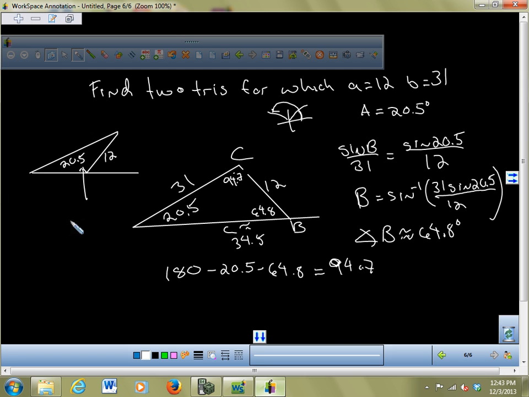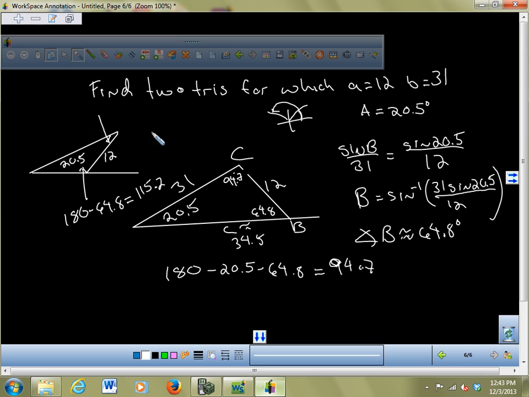So what I do is I subtract from 180 the angle that I got over here, 64.8, and that gives me my other possibility for that angle, which is 115.2.